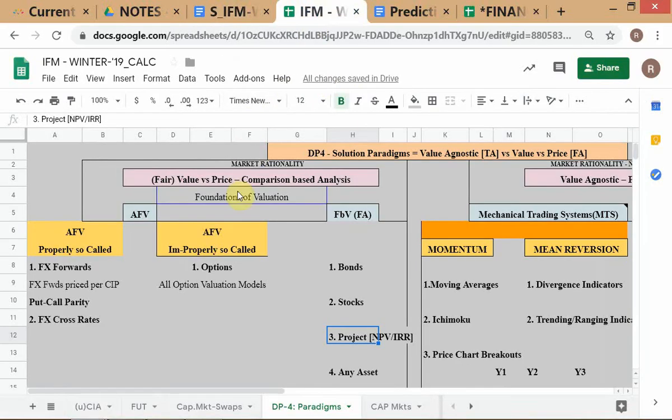That the market price must eventually come to fair value. So when you see anything above the fair value, you sell it. Sometimes it may not be possible to sell, but conceptually the idea is the same. Like in Indian equities, it is difficult to do short selling because the system is not well developed, but conceptually you know in what situation you would want to short sell. Is this clear? Are you following what I'm saying?